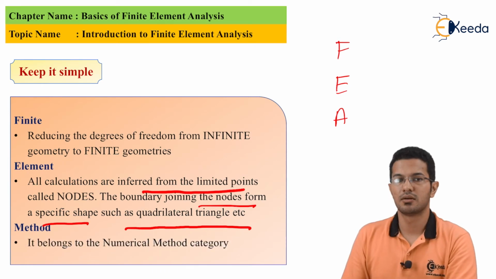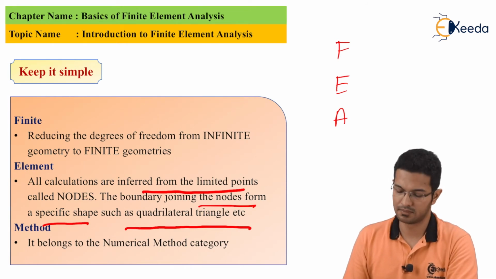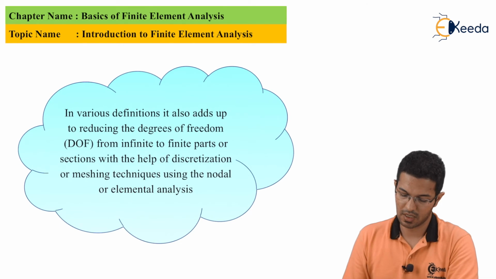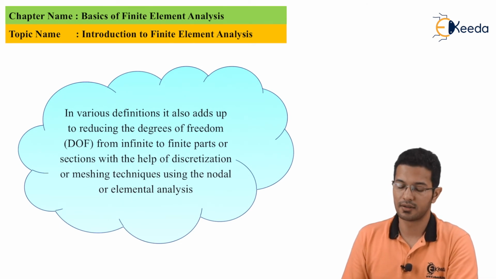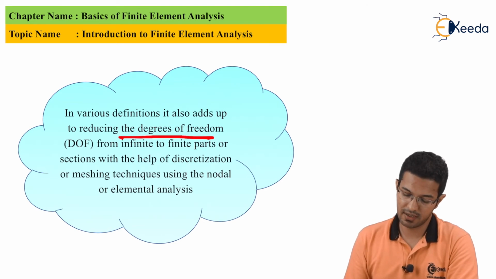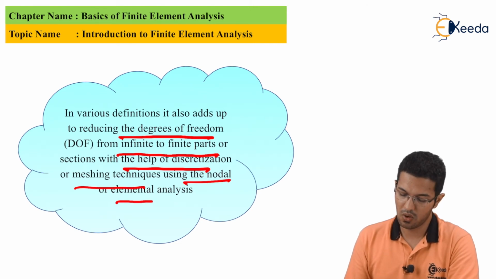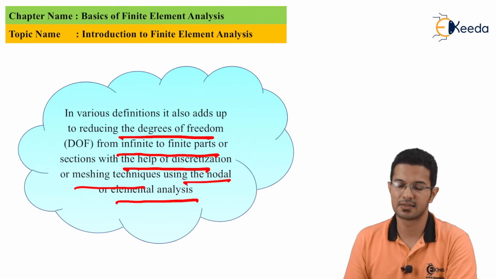And when I talk about method, it's obvious that this method comes under numerical method study. So let's define it again. In various definitions, we can also say that it is nothing but reducing the degrees of freedom or DOF from infinite to finite parts or sections with the help of discretization or meshing techniques using the nodal or the elemental analysis.